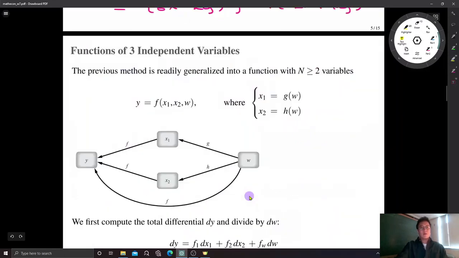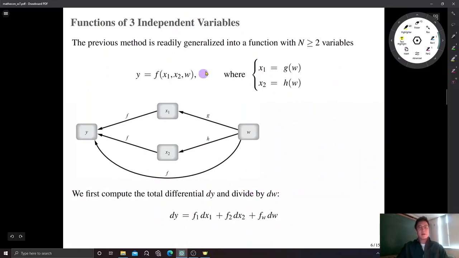Okay, so now the previous idea can be extended to a function with several variables. Even though the function has three independent variables, the idea is the same.